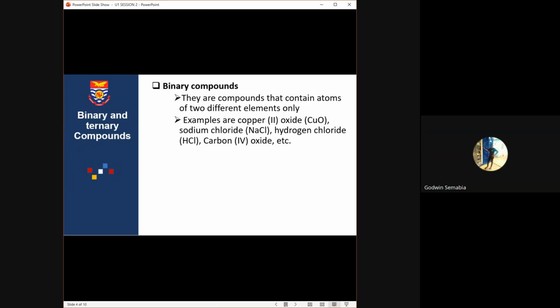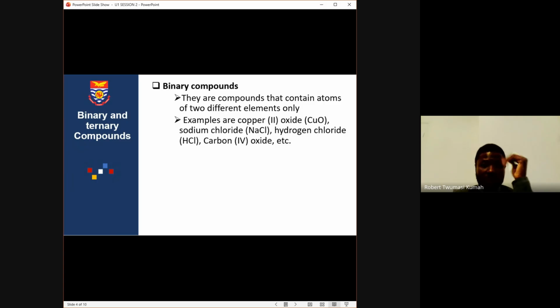Yes, please. Carbon dioxide is a binary compound. We are looking at 2 different elements. We are not interested in the number of atoms of those 2 different elements present. Our interest is in the different elements that are present. So we have examples like copper 2 oxide, sodium chloride, hydrogen chloride, carbon dioxide, which is CO2.